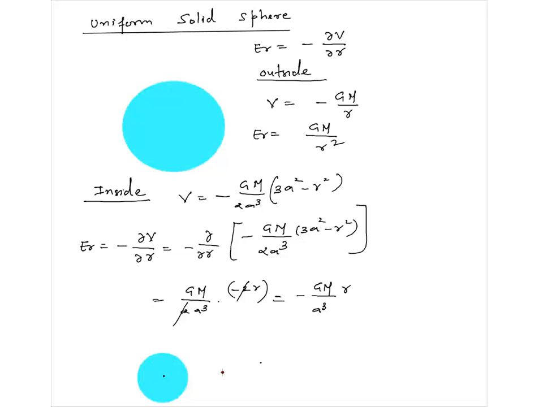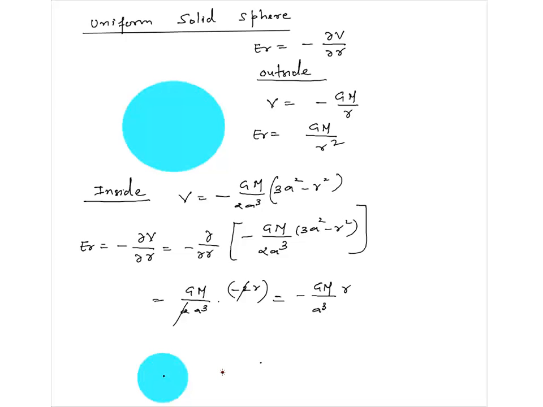We discussed earlier that acceleration due to gravity g and field are actually mathematically equal. Conceptually they may be different, but mathematically they are equal.